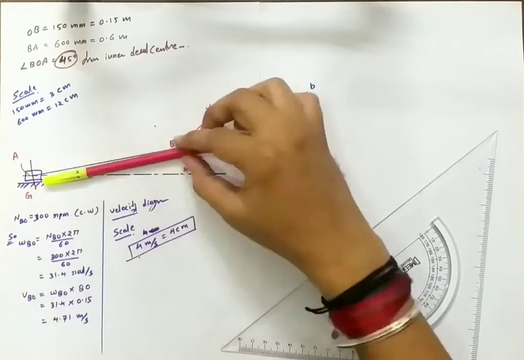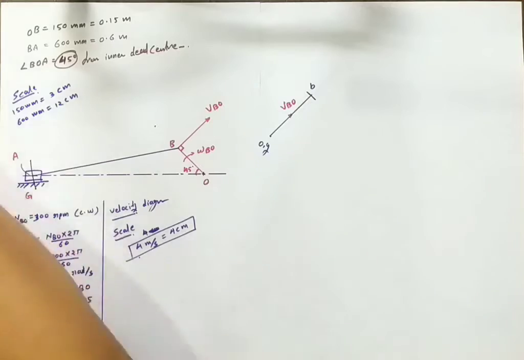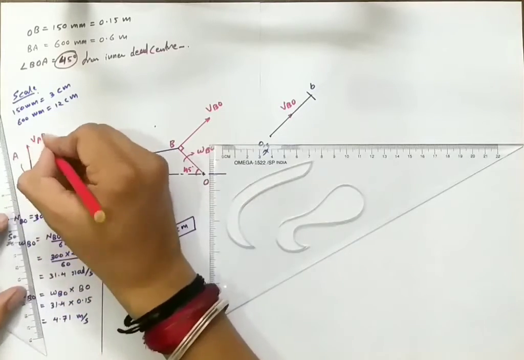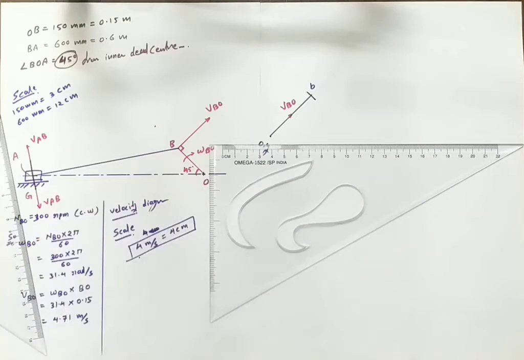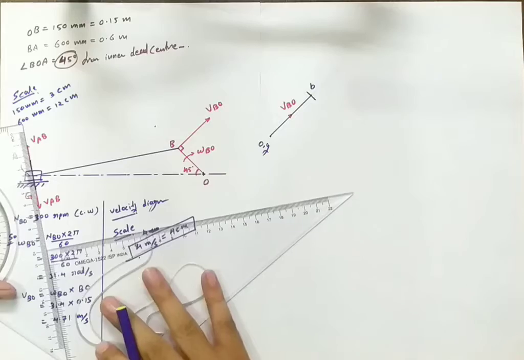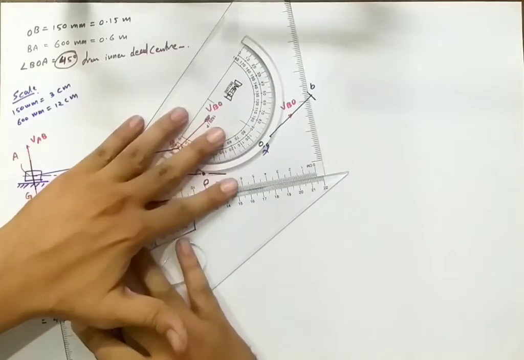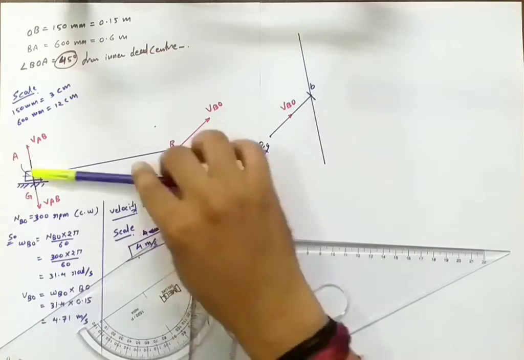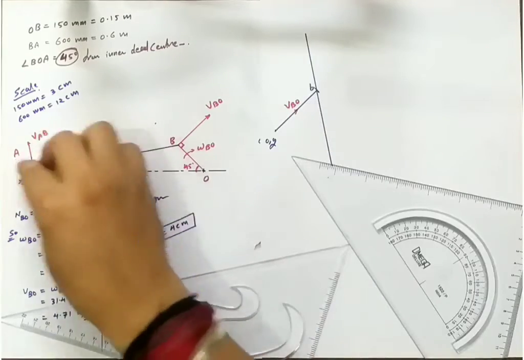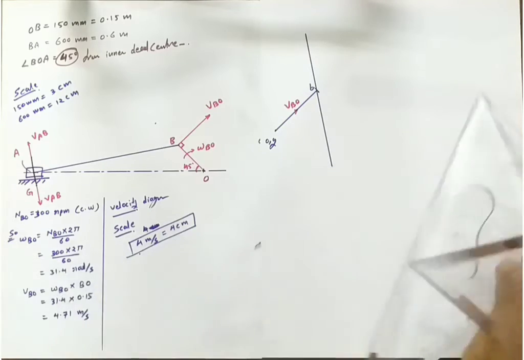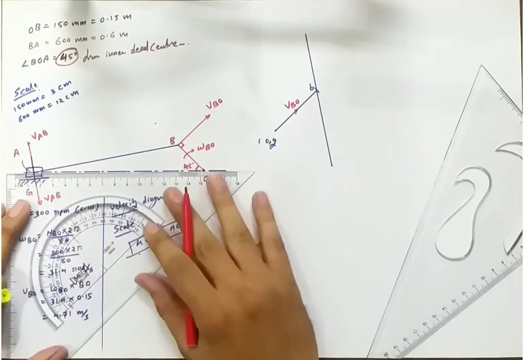Now with respect to point B, the A can move in this or this direction, so we just predict like this or in this. So we will shift both the directions to the point B with the help of set squares. And secondly, the slider can move in horizontal direction, so again we will predict both the directions, and we will shift to the velocity diagram.